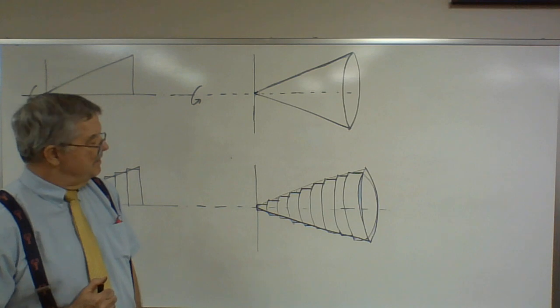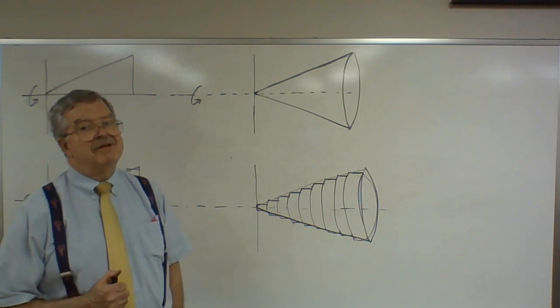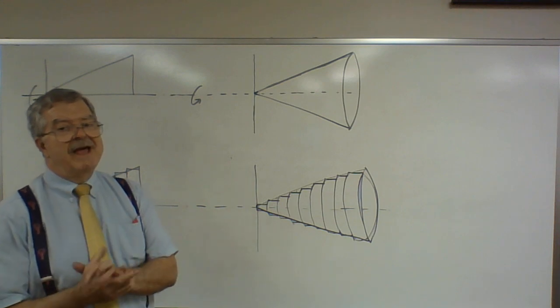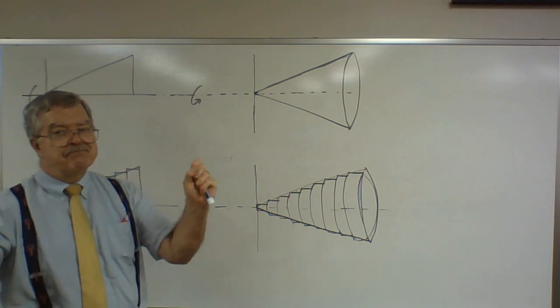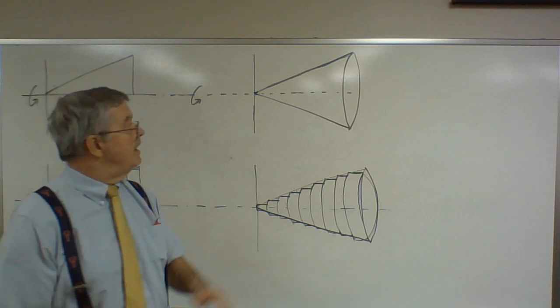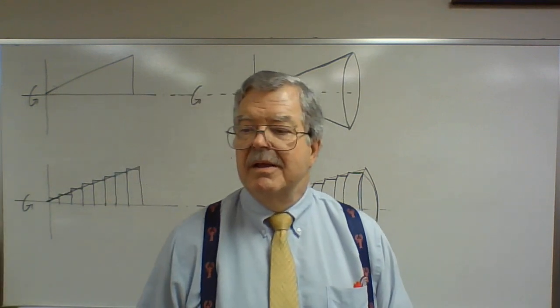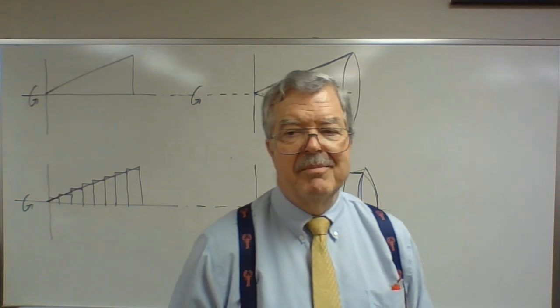And the smaller delta x is, the better the approximation is. If we let delta x go to 0, we get exactly the volume of the solid of revolution. Let's do some examples.